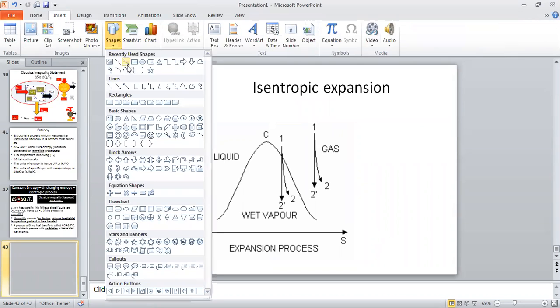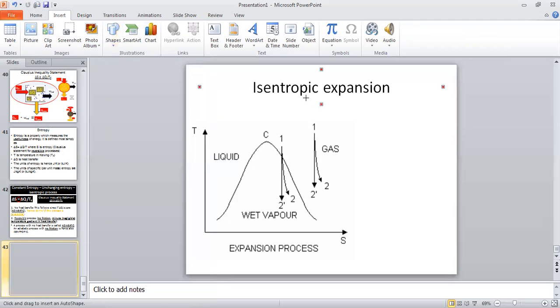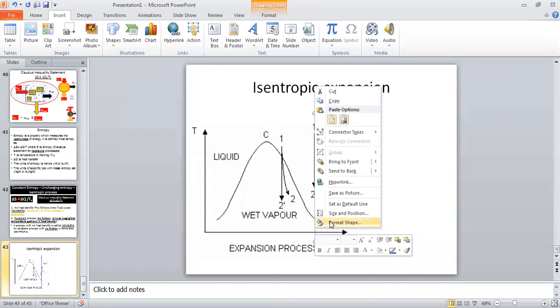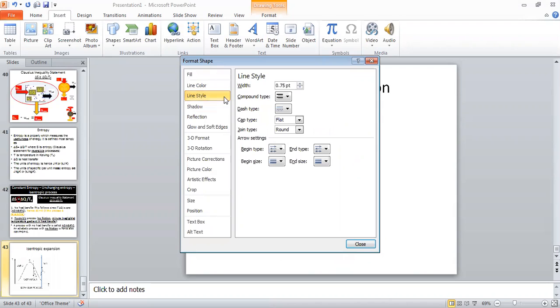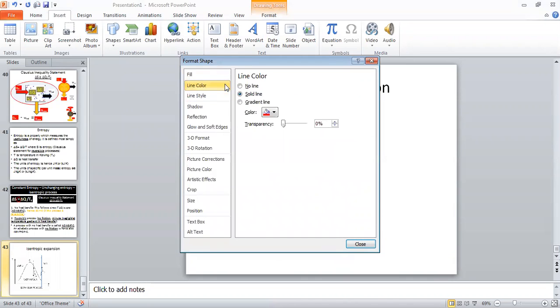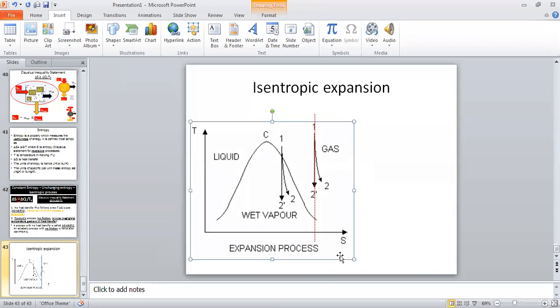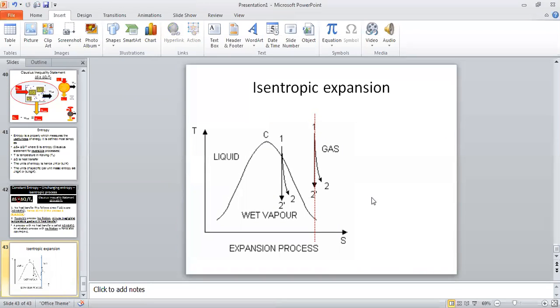Okay, so this is the constant entropy line. See, constant entropy line.